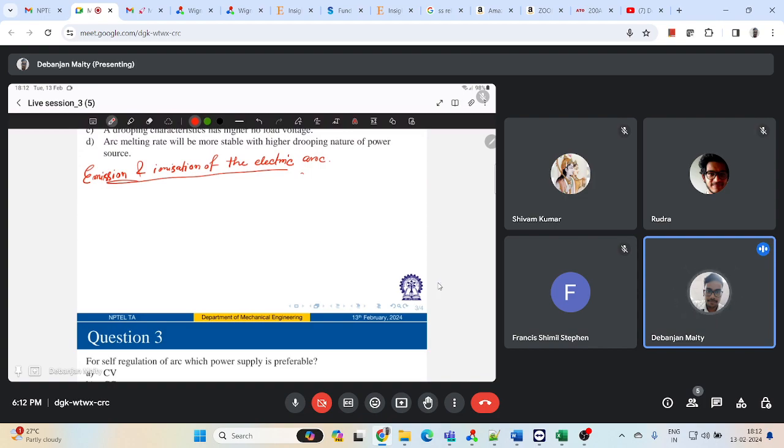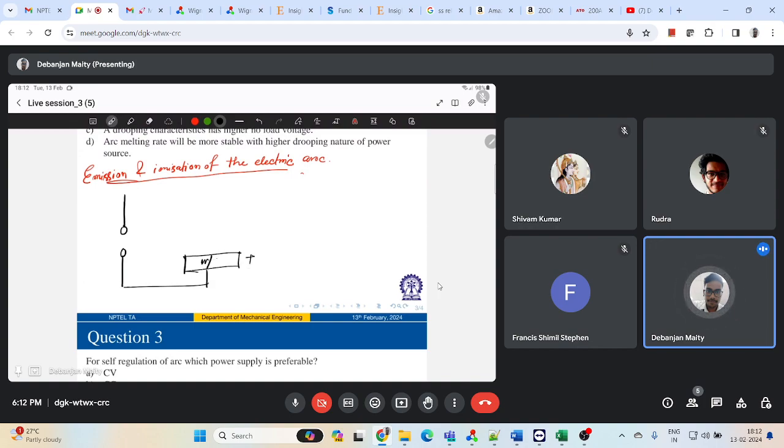First of all, let us try to understand how an electric arc is created and maintained between two electrodes of opposite polarity. So let me first draw something. Obviously, that will be a schematic of that arc welding scheme. So you have a power source. One will be connected to your workpiece.